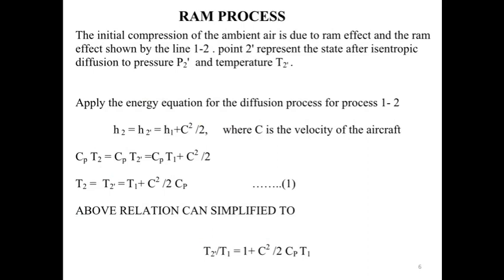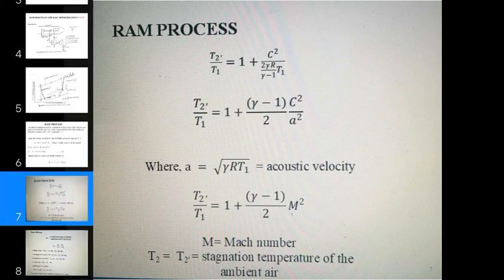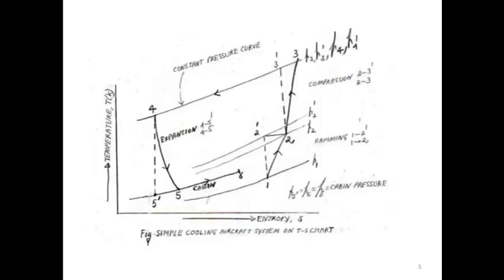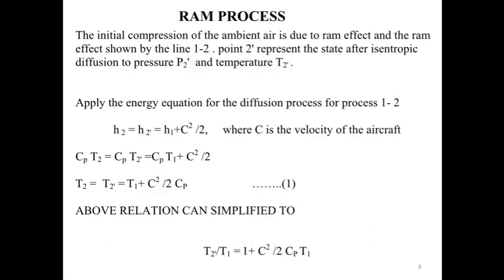So the equation becomes H2 equal to H2 dash, because this line is horizontal. Here T2 dash and T2 are the stagnation or constant temperature, T2 dash equal to T2. So we have the relation H2 equal to H2 dash equal to H1 plus C square by 2.